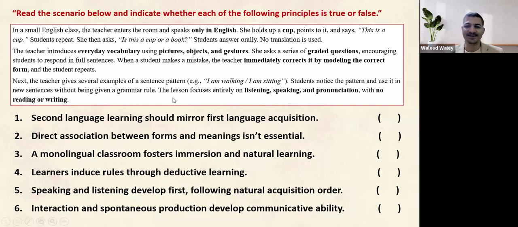And I want you to write true or false. So read the scenario first, and read the principles, and decide which one of these is correct and which one is incorrect. And from now, you have only 3 minutes. Are you ready?